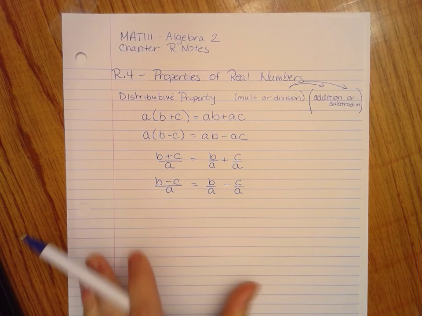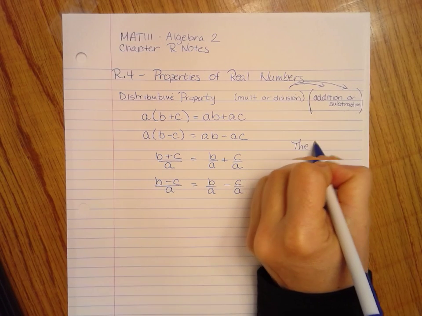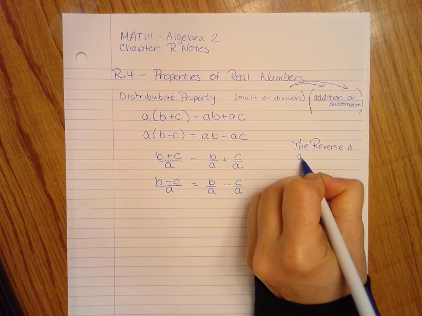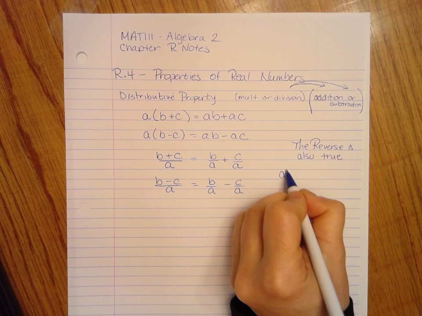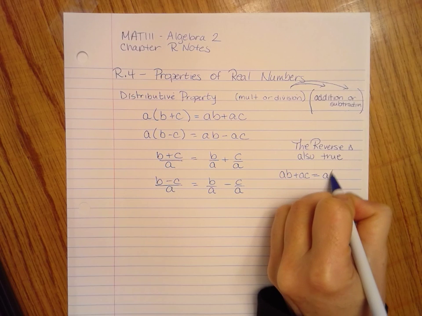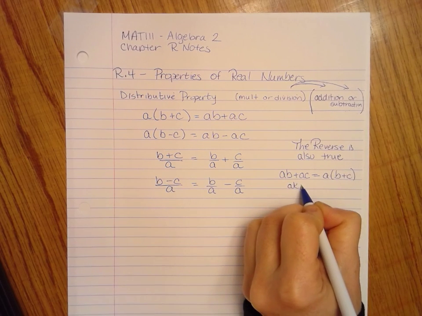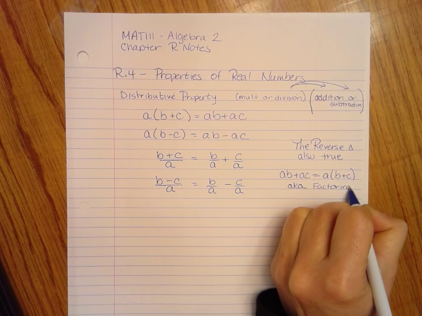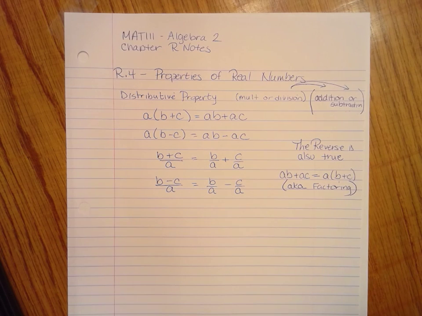And it also can be done in reverse. The reverse is also true. So if I have AB plus AC, then this is also known as factoring. We're going to see a lot of that.